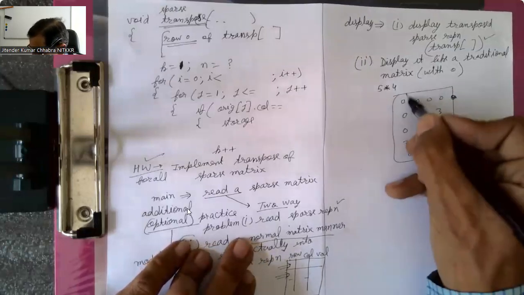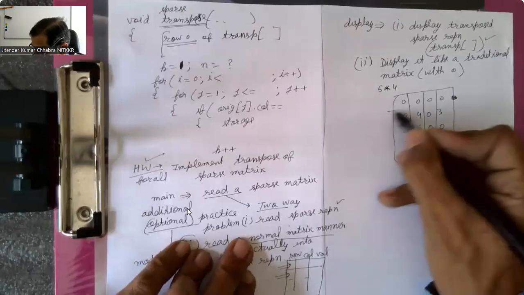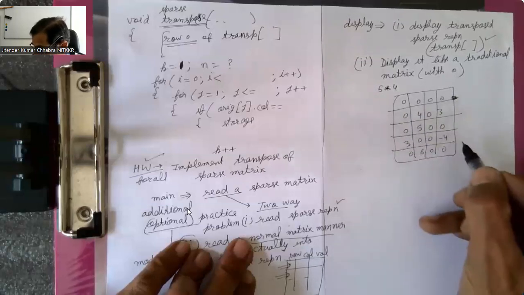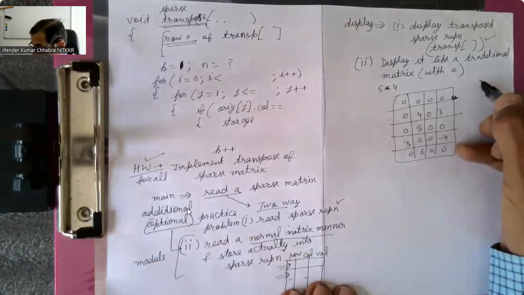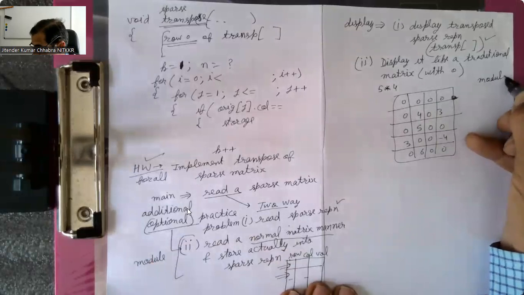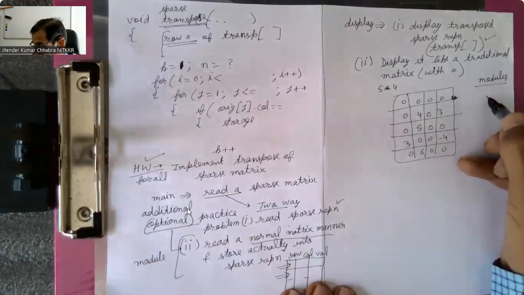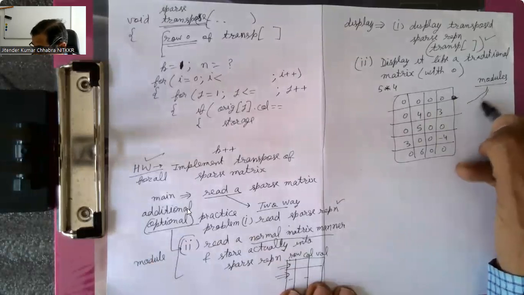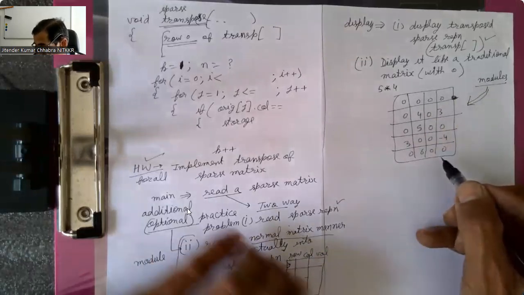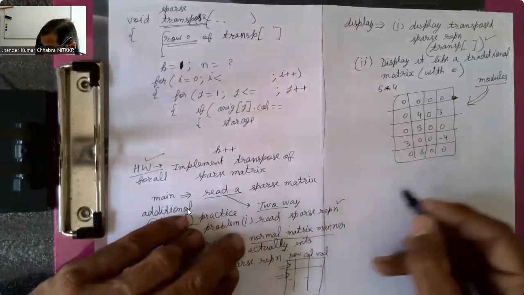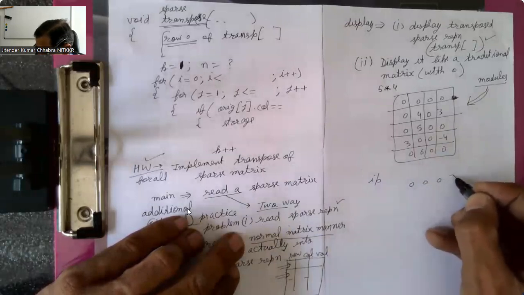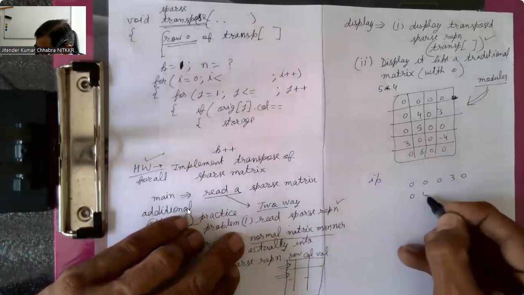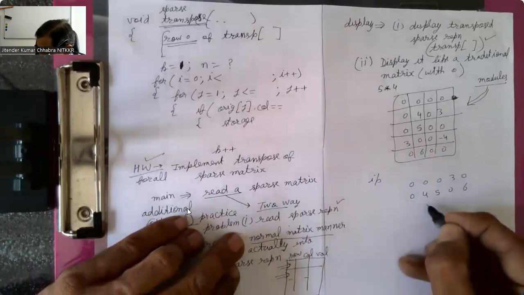So this output is displayed, but it was never stored. So this display is generated via a module which is receiving the sparse data and sparse matrix representation, and from there, while displaying, it displays 0 wherever needed. So my input supplied was 0, 0, 0, 3, 0, 0, 4, 5, 0, 6, and so on.